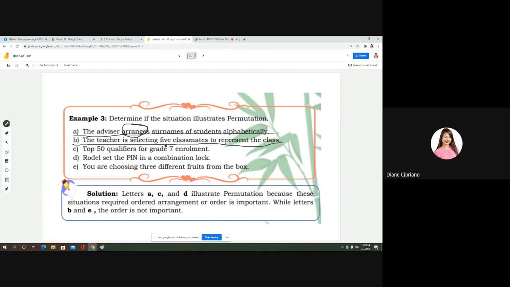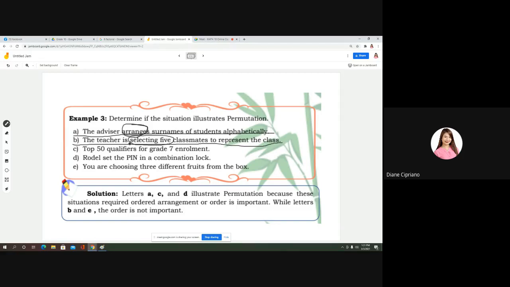How about letter B? The teacher is selecting 5 classmates to represent the class. Biel? Sa tingin ko, ma'am, yes po. Sa tingin mo, yes. So the answer is no. Why? Because nag-select lang naman siya. Hindi naman niya pina-arrange yung 5 from, halimbawa, the ranking.